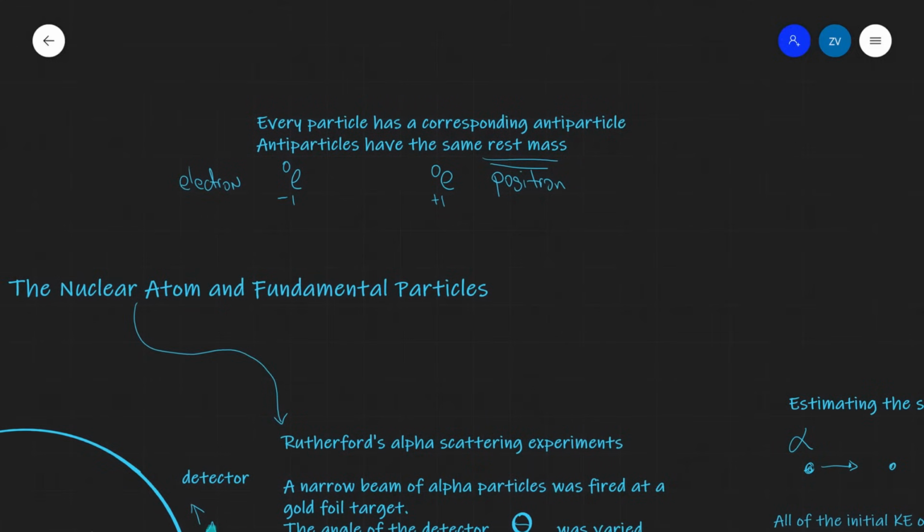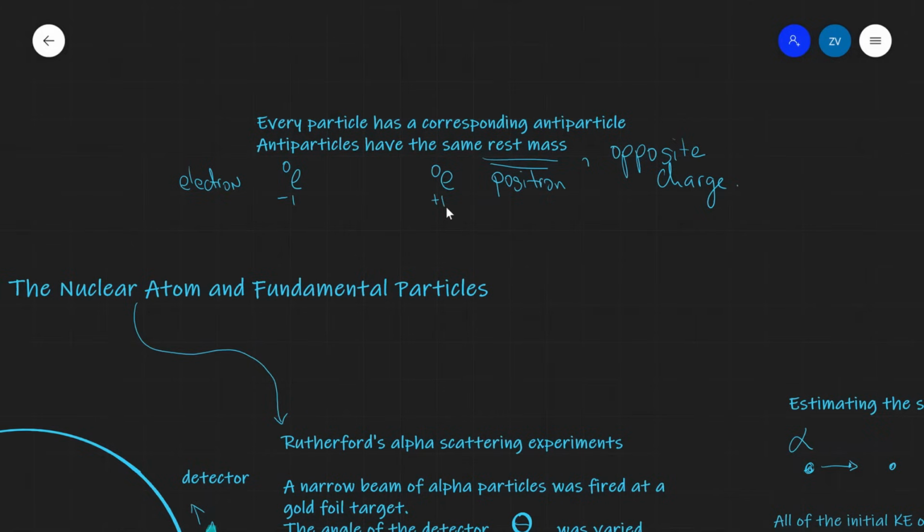However, they do have the opposite charge. For instance, we have an electron, which of course is negative. However, its antiparticle is known as the positron, which has the same charge but with opposite sign.